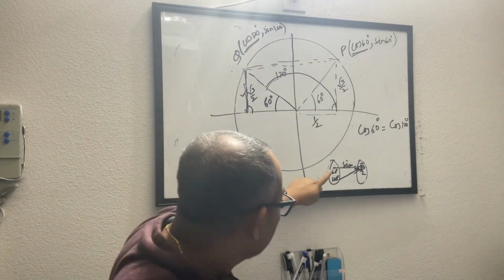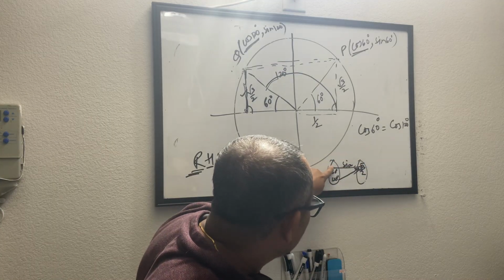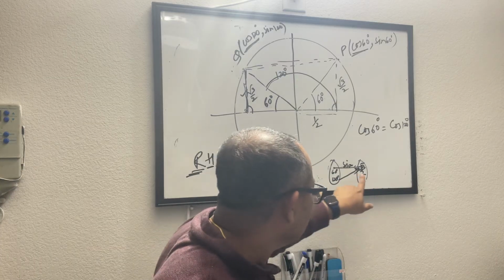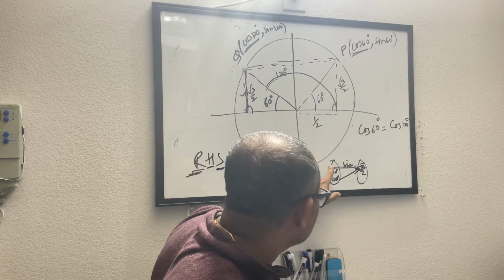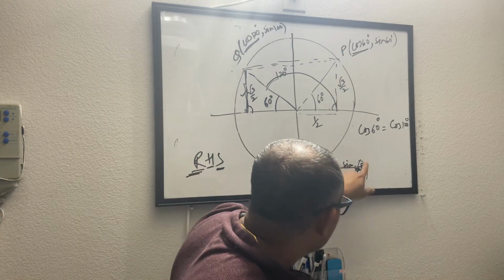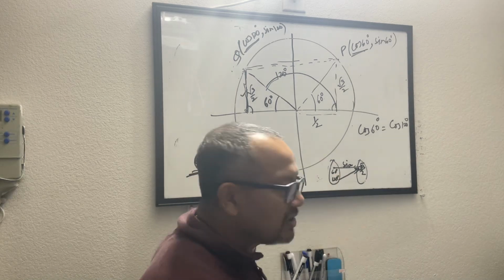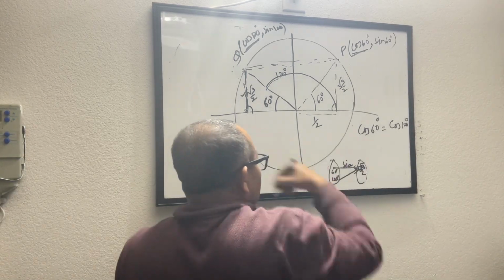So look at this. This is a domain, this is a range. This one giving one output. This one is also giving you the same output. So here, if your sine of 60 is root 3 by 2, inverse of sine root 3 by 2 will not give you only 60. It can give you 60 or it can give you 120, and then keep adding 2 pi to it.